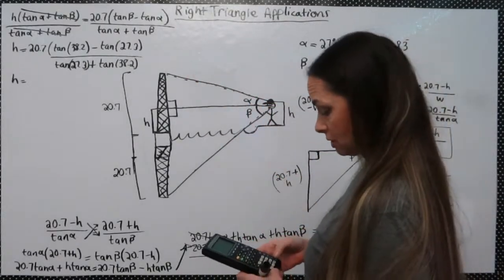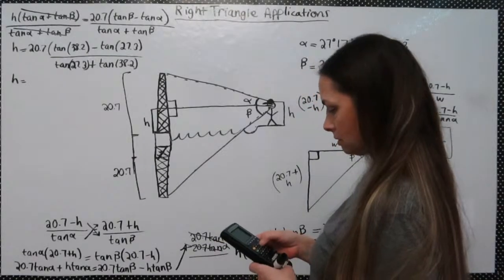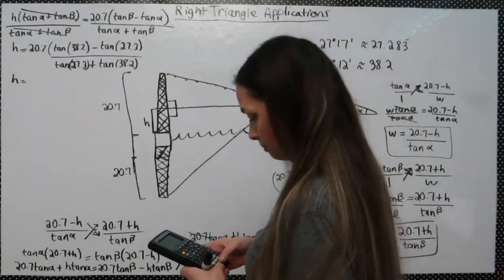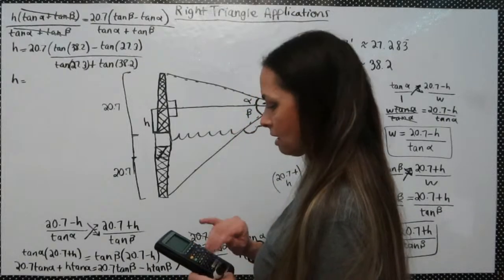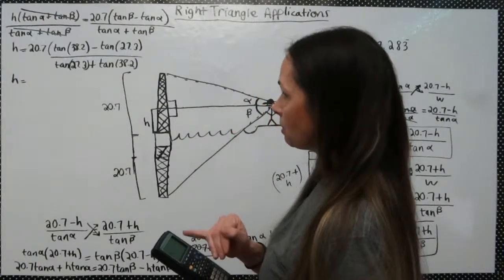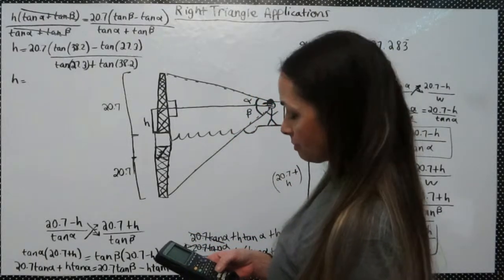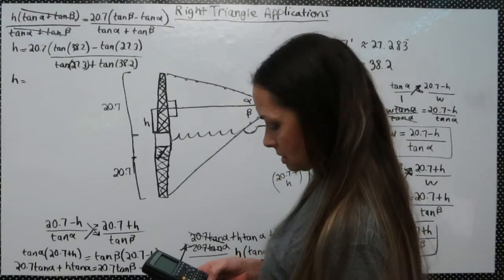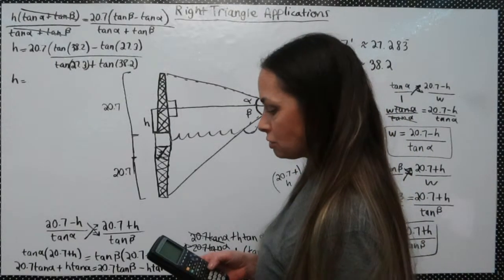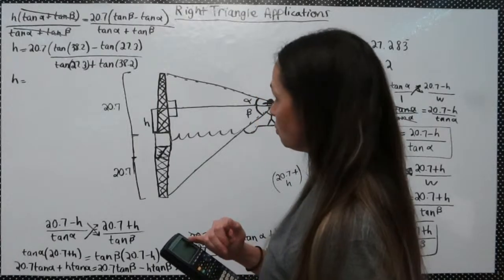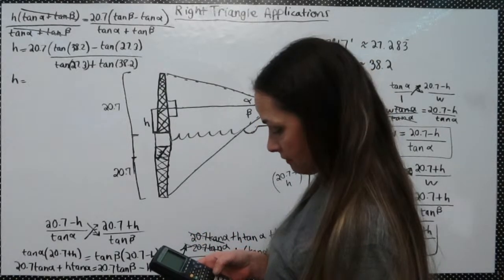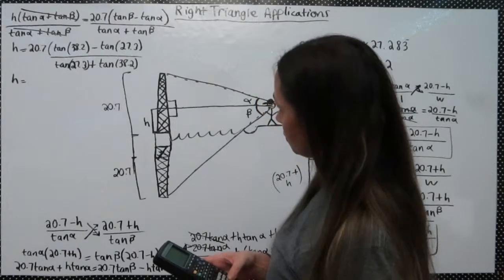So 20.7, and I'll just tell you, I did a parentheses, 20.7, another parentheses, and then tan 38.2, close your parentheses, so you have two more, minus tan 27.3.